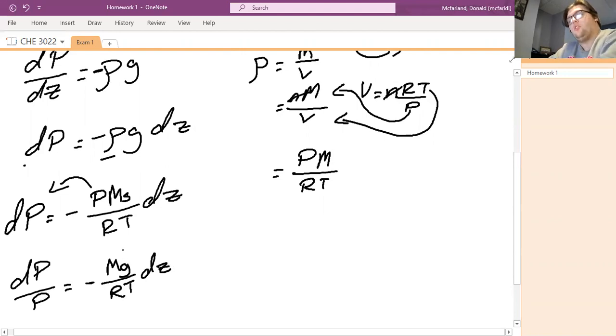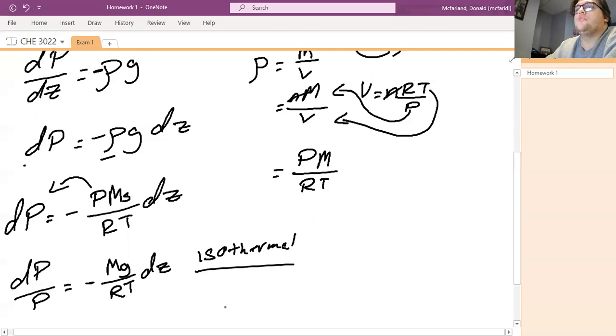Now notice molar mass is constant, gravity is always a constant, and temperature in this case will be a constant. So since temperature is constant, this is an isothermal process.